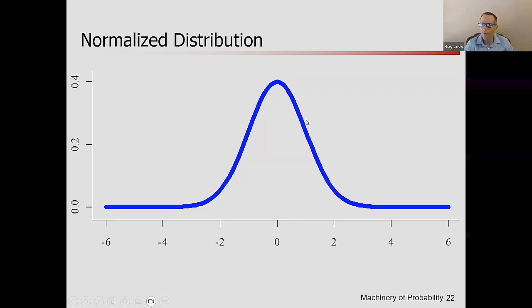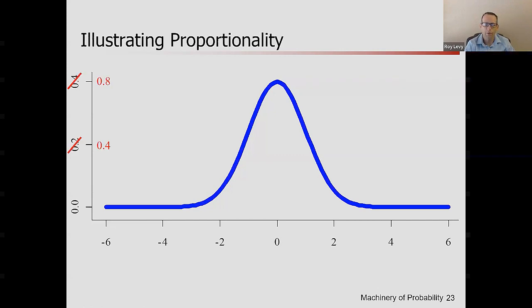As we move away from zero, either above or below, the probabilities taper off in this kind of shape. Values near zero more likely. Once I push out beyond plus or minus 2, it's very unlikely. That's the story of this distribution. Now pretend I take the vertical axis and I double all the values. This will no longer integrate to 1.